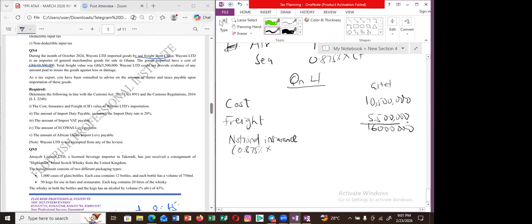So please give me the value. 14 million. Looks like 140. 14 is too small for million, so I'll say 140, but please confirm.